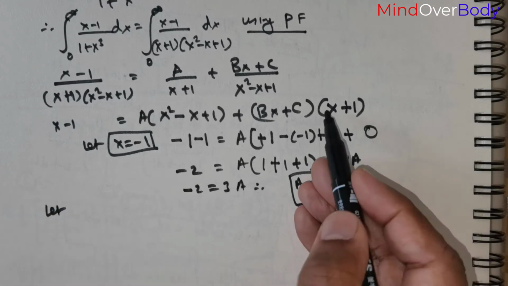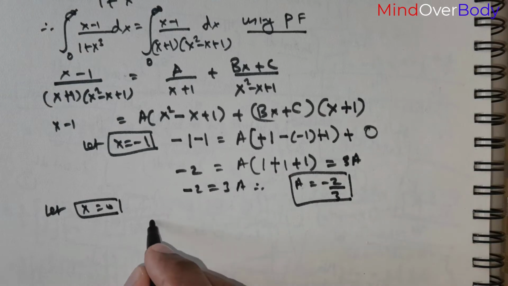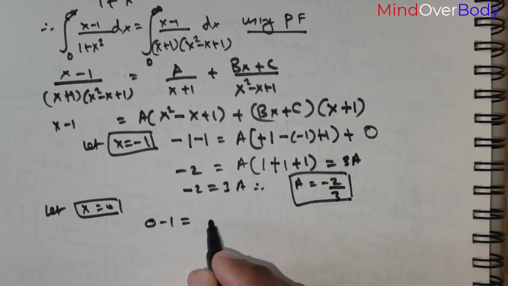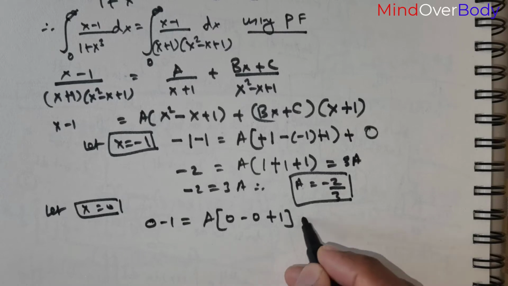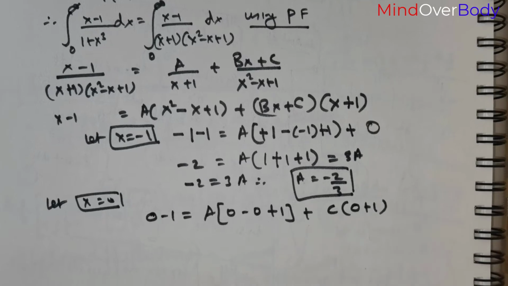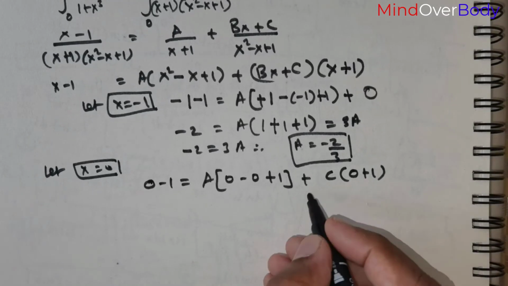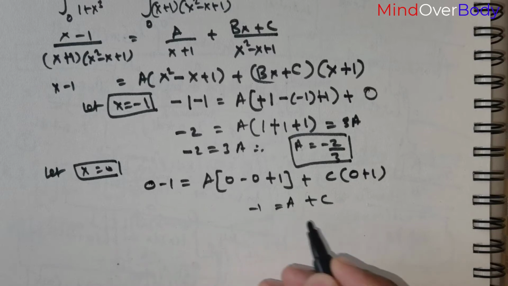Next I would like to take x equal to 0. If I place x equal to 0, 0 - 1 is equal to A times (0 - 0 + 1). B will vanish, so C alone will be there. So C times (0 + 1). So this will be C. This is going to be A + C equal to -1.